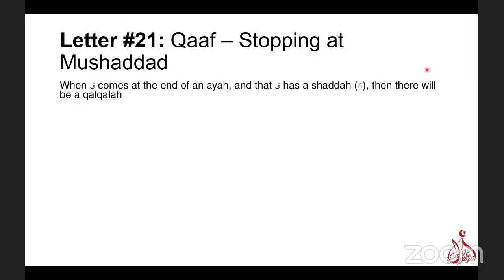When Qaaf comes at the end of an ayah, or not at the end of an ayah, but anywhere you're stopping, maybe there's a ta or jeem sign, but you're stopping on the Qaaf, and that Qaaf also has a shadda or the tashdeed on it. Then there's going to be a qalqala, but there are a few technicalities there. I discussed this in a lot of detail when we did the letter Dal, so I'm not going to go into those details right now.